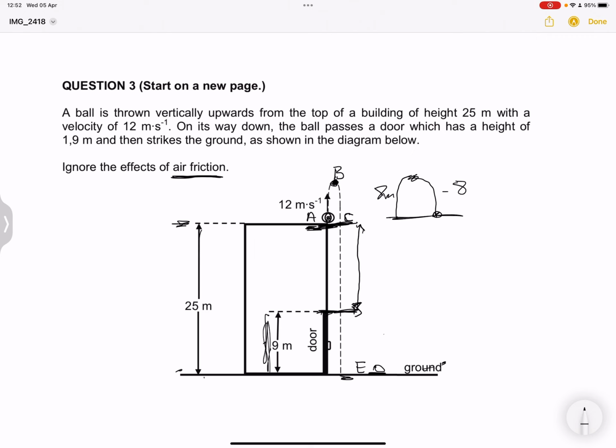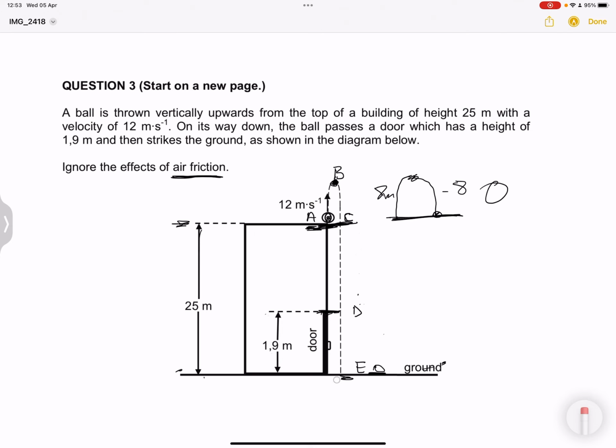So the total displacement between A to C would be 0. That's why the total displacement between A to D would actually be that straight line position over there. I hope that makes sense, ladies and gents.